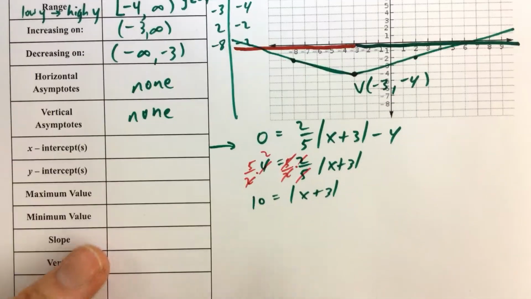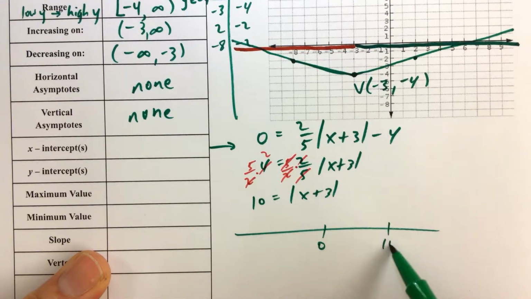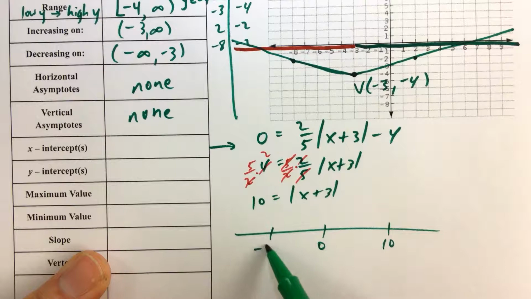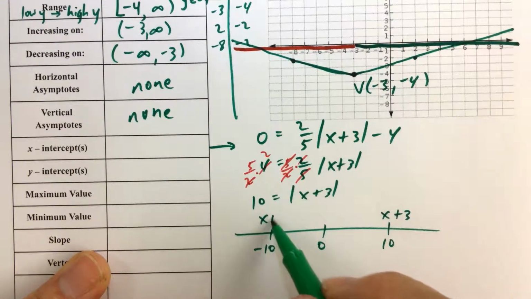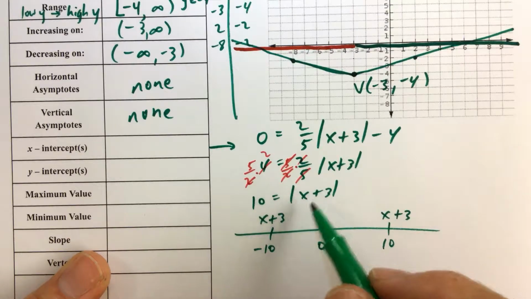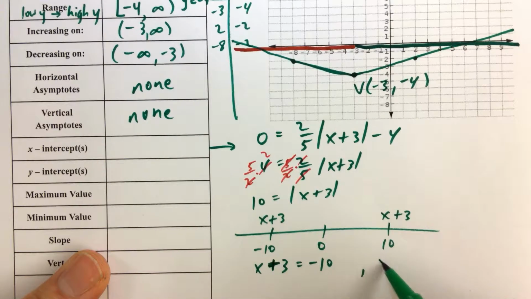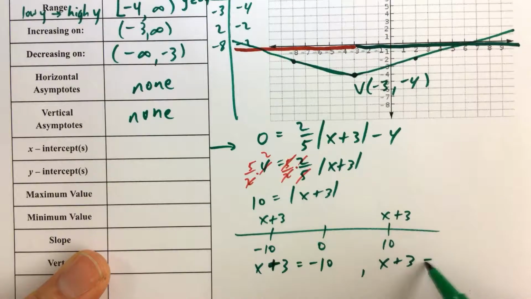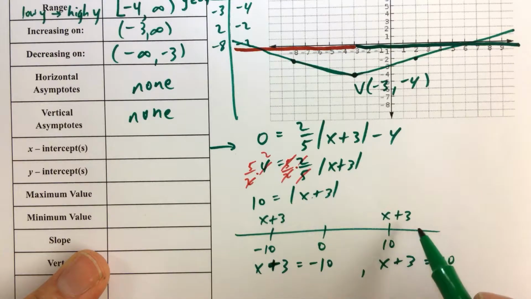Now this is harder to remember, but when the absolute value of x plus 3 equals 10, it means that x plus 3 is 10 units to the right of 0, or what also would solve this equation is setting x plus 3 equal to 10 units to the left of 0. So we have two equations that make this equation true: either inside of there is negative 10 or inside of there is positive 10.